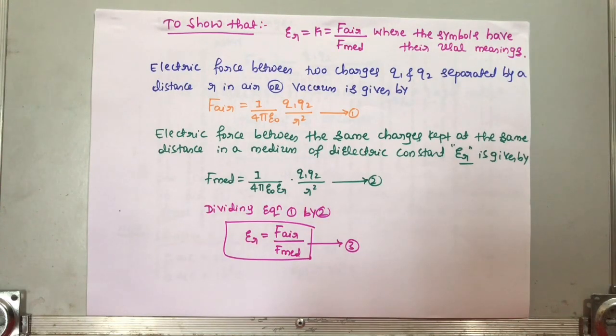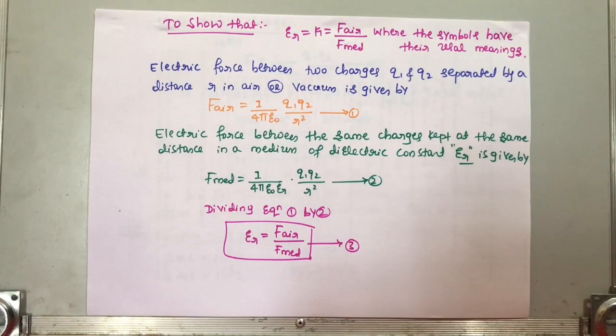But now consider the electric force between the same charges kept at the same distance in a medium of dielectric constant epsilon r. Dielectric constant is also called relative permittivity.